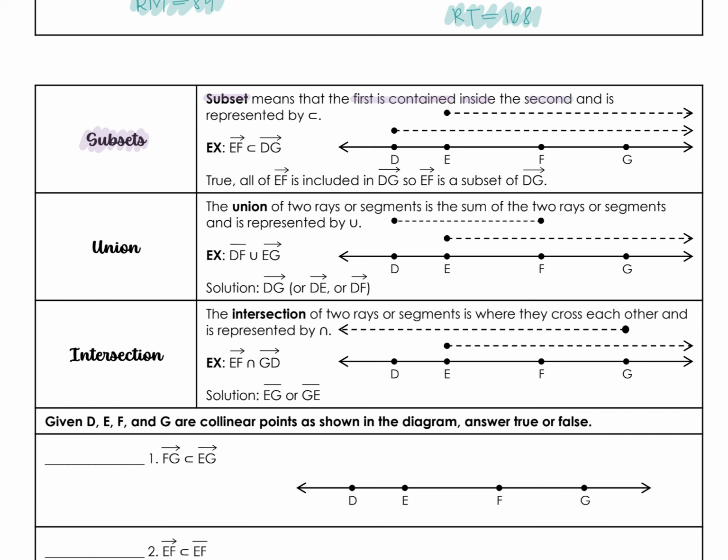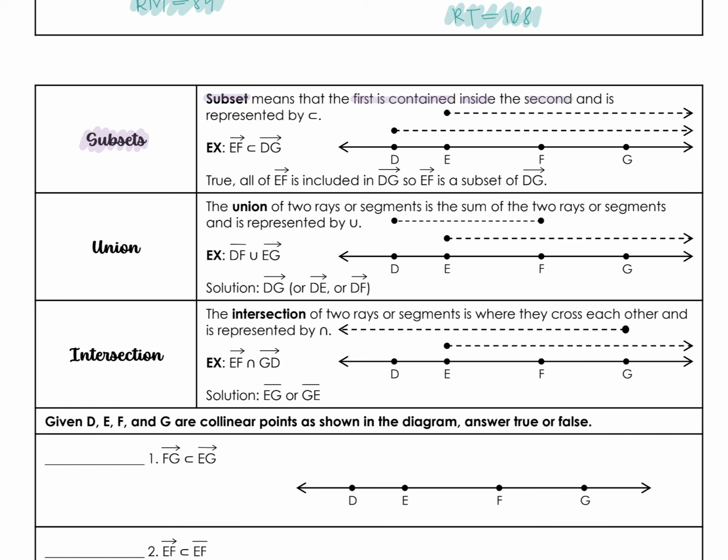Okay, so we do have an example here for us to refer to. They're saying ray EF is a subset of ray DG. You'll see up above here, I drew these out into representations of what it's showing. So I have my ray, let's say green will be my EF, starting at E towards our F, and we're just going to keep going since it is a ray, it won't stop.